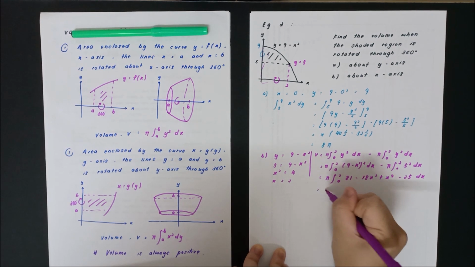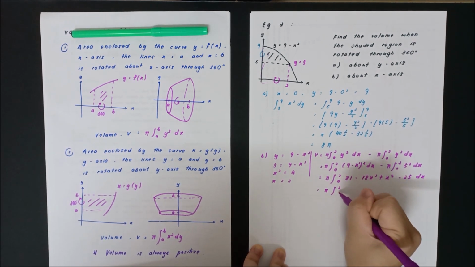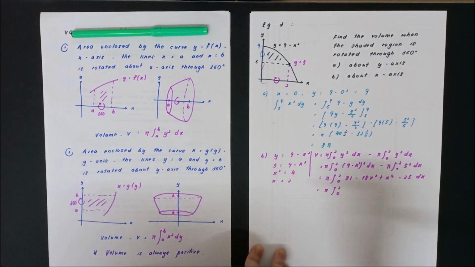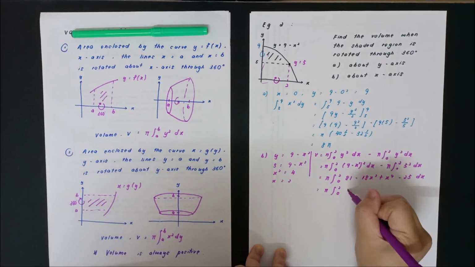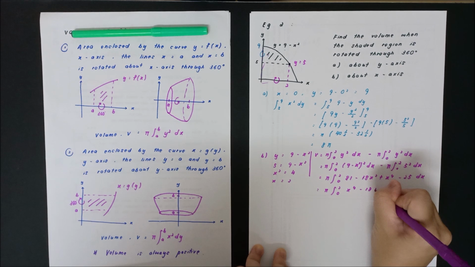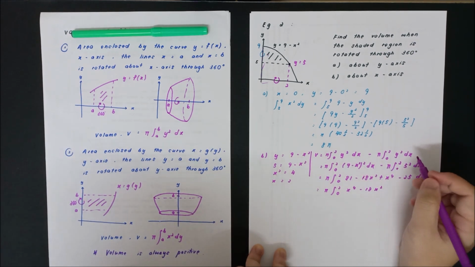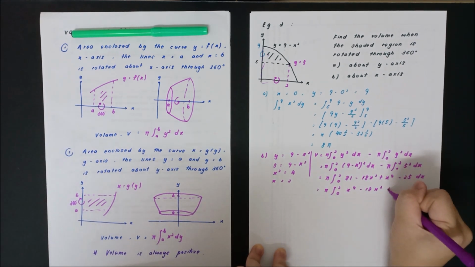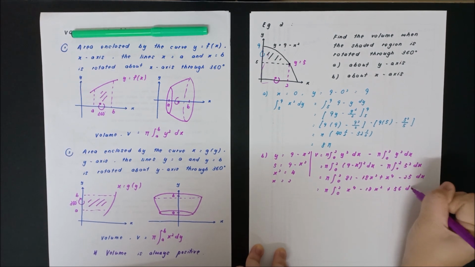So we combine them together, pi, 2, 0. So we rearrange everything: x to the 4 minus 18x squared, 81 minus 25, we are getting 56 dx.